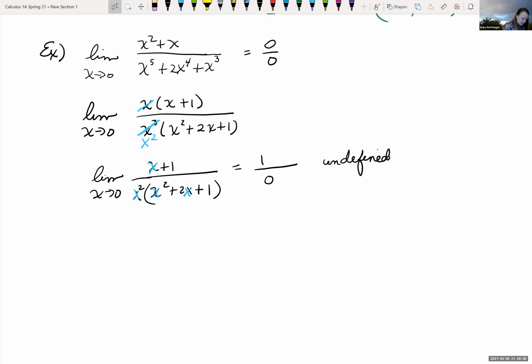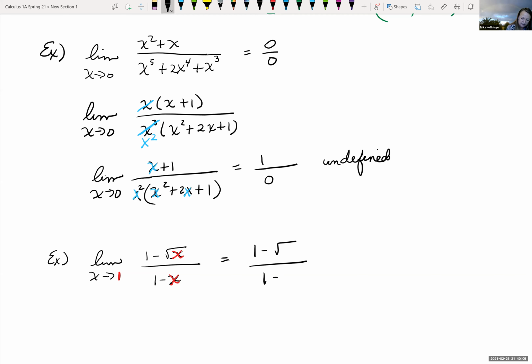So what about the limit as x is approaching 1 of 1 minus the square root of x all over 1 minus x? So with direct substitution, we're going to get 1 minus the square root of 1 all over 1 minus 1, and we get back that this is indeterminate.